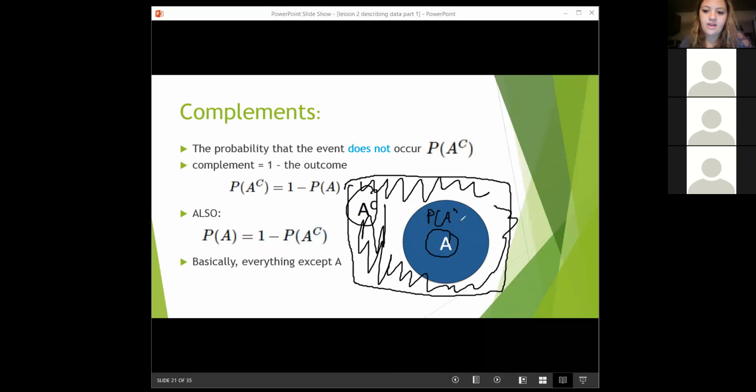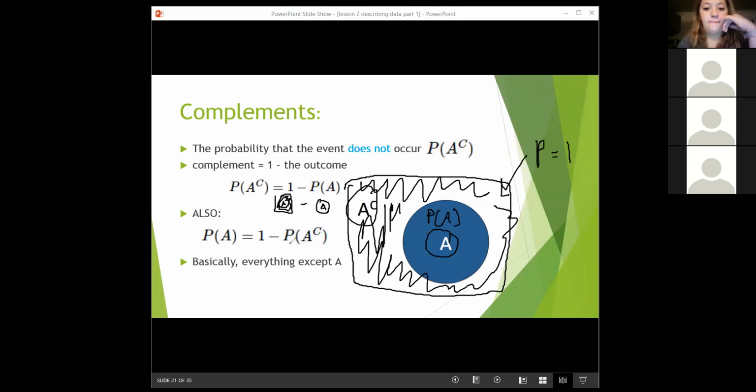If you think about this entire box, including the blue, the probability is going to equal 1. So that's why if we're trying to find the complement, we would do 1 minus the probability of A. That would be the entire box minus the blue box, probability of A. That's going to give you all the area besides A.